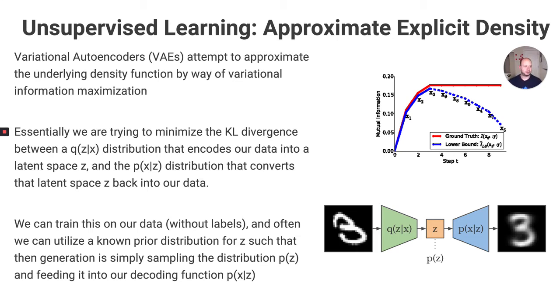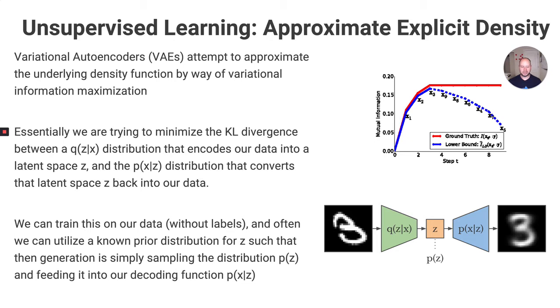And the KL divergence is one of the divergences in the general F divergence, which represents how similar two distributions are to each other. What we're doing is trying to minimize the divergence between this one distribution function, which is conditioned on our input.